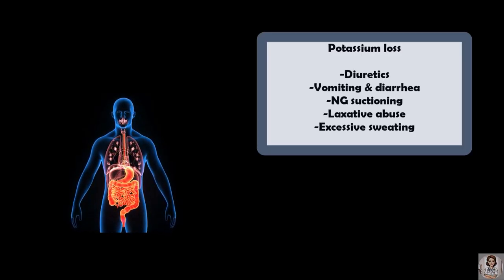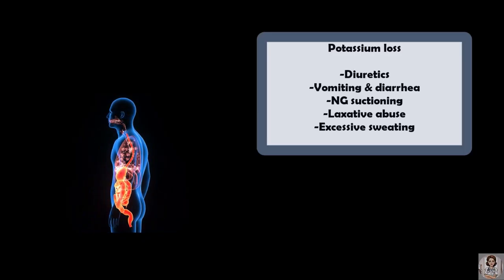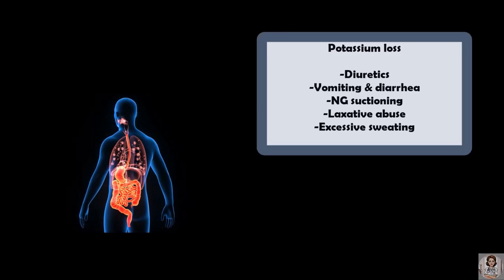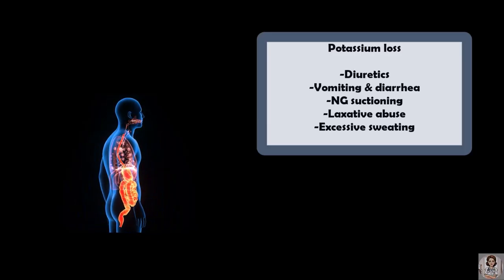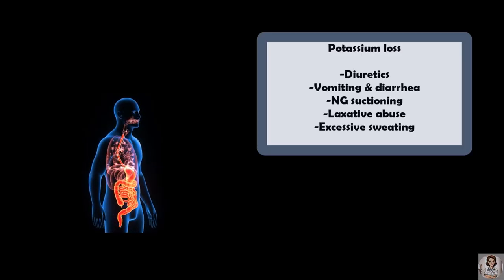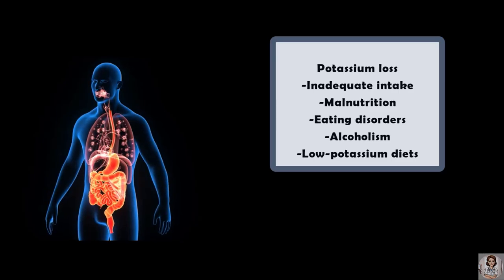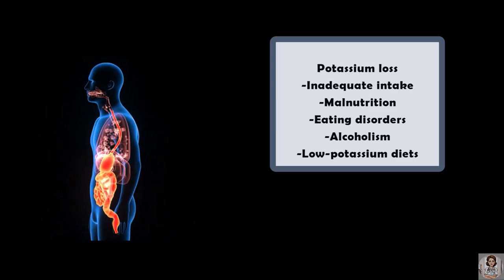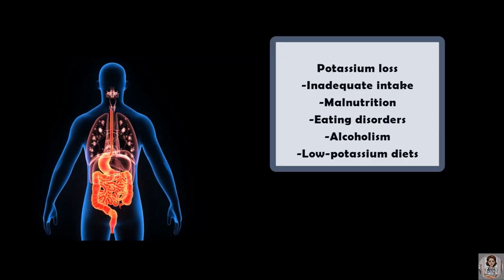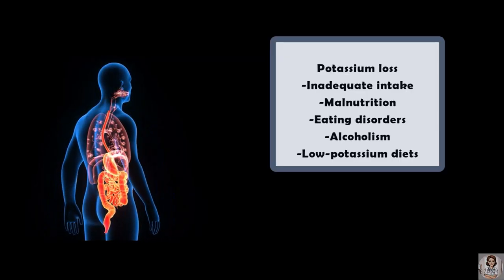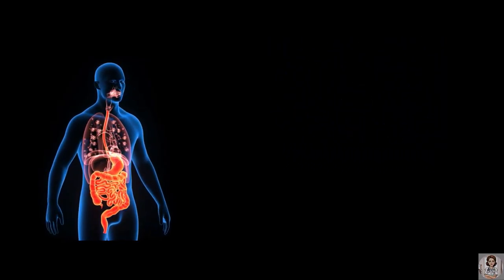With diuretics, particularly loop and thiazide diuretics, in terms of intercellular shifts, conditions like alkalosis or insulin administration can push potassium into cells, lowering blood levels. Additional causes may include inadequate intake, not getting enough within the diet, malnutrition, eating disorders, alcoholism, and just overall low potassium diets.